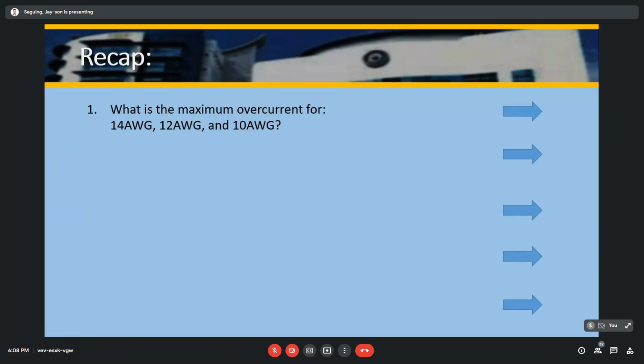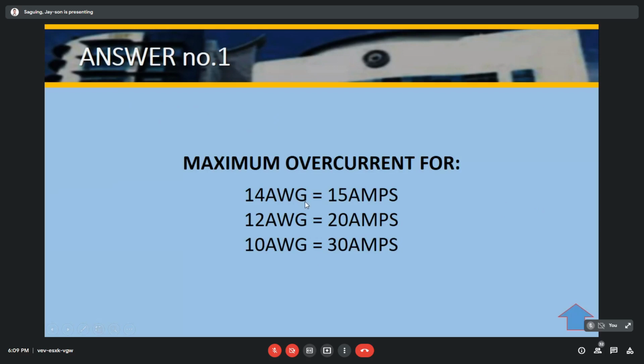For 14 AWG it is 15 amps, for 12 AWG it is 20 amps, and for 10 AWG it is 30 amps. So check, correct answer, Shane.